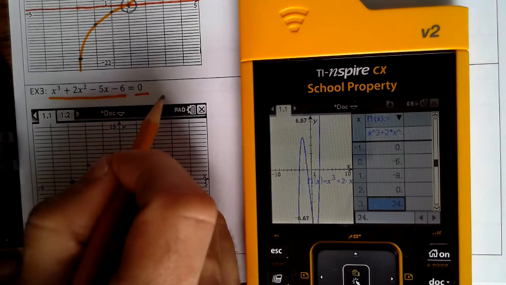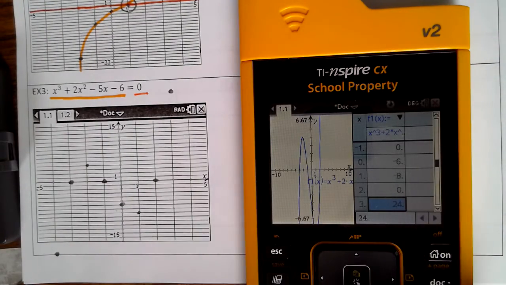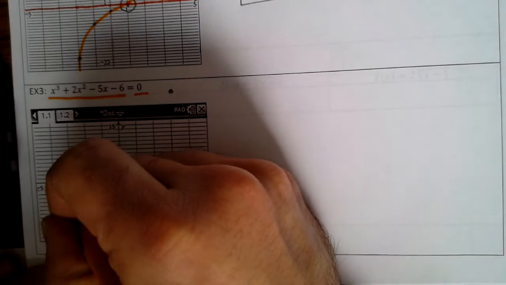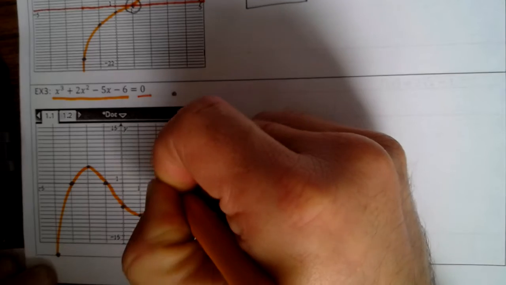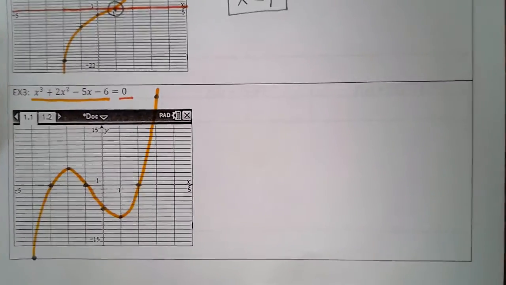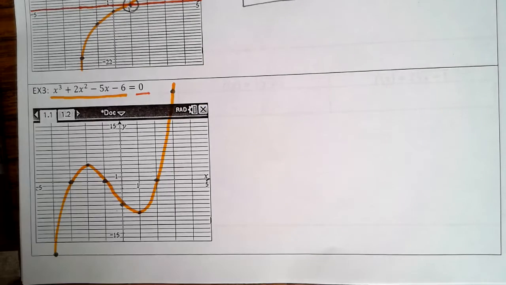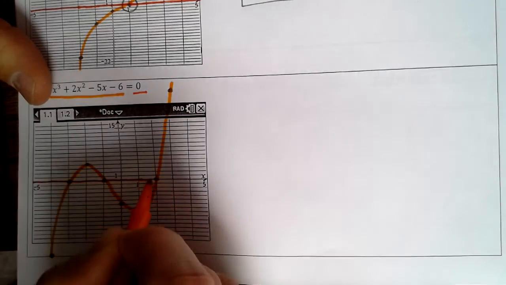Okay. So let's graph. And again, you don't need to graph the right side in the calculator because this is a horizontal line at 0. So here are your points of intersection.